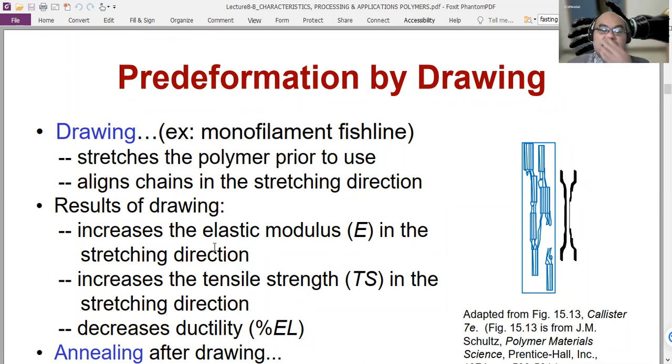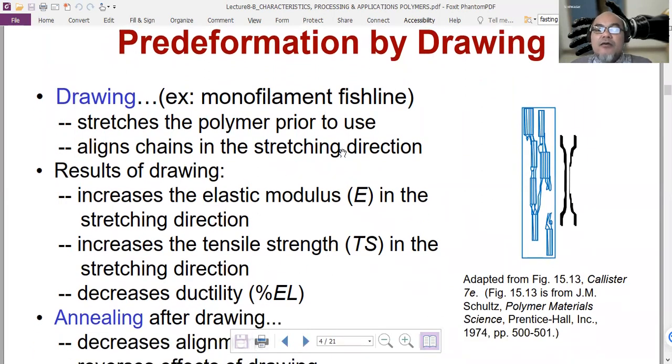The result of this is that the Young's modulus, the elastic modulus, will increase in the direction of the stretching. The tensile strength will also increase in the stretching direction. On the other hand, the percentage of elongation, or what we call ductility, will decrease. So ductility indicates how easily we can form the material as we like.